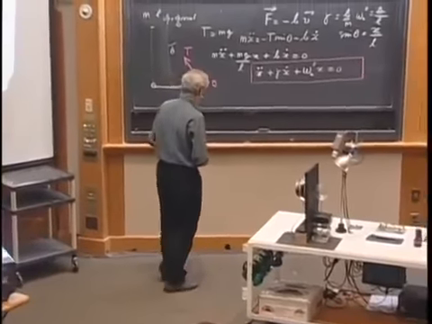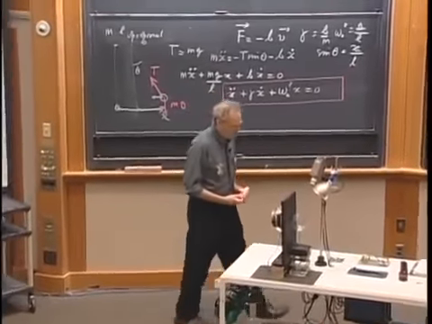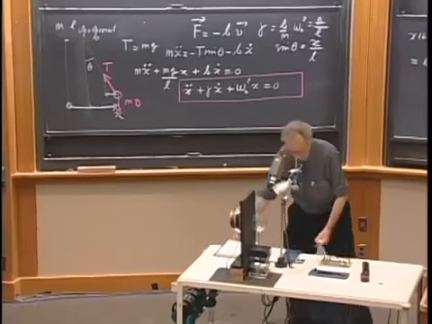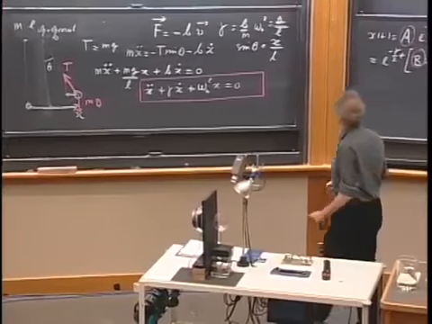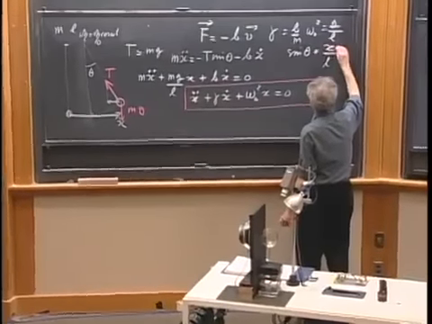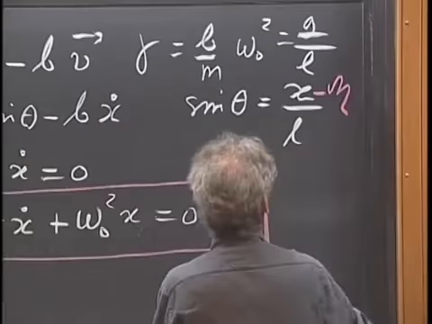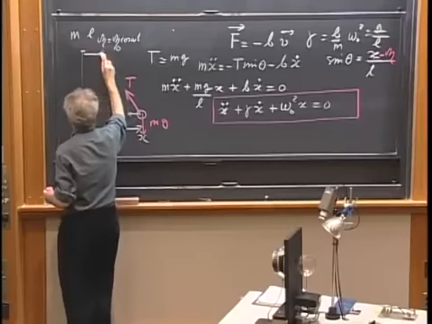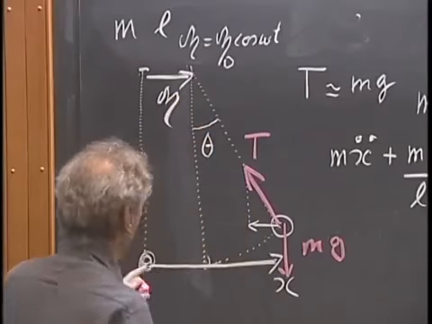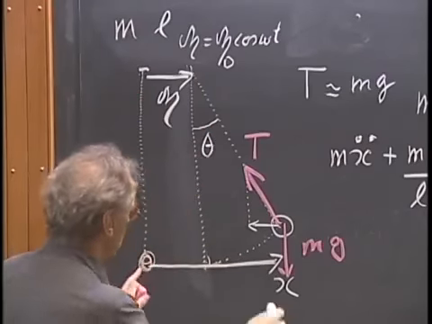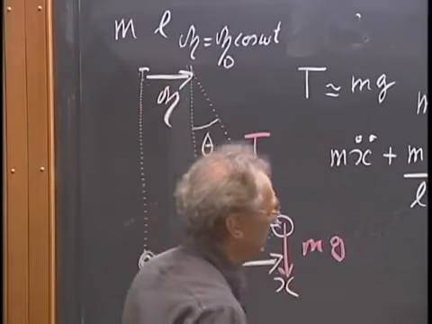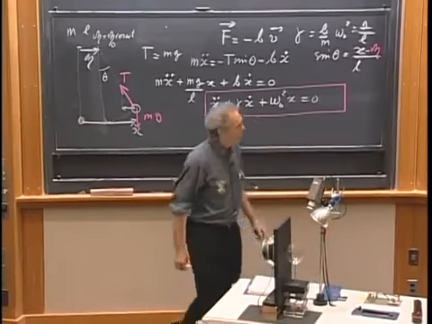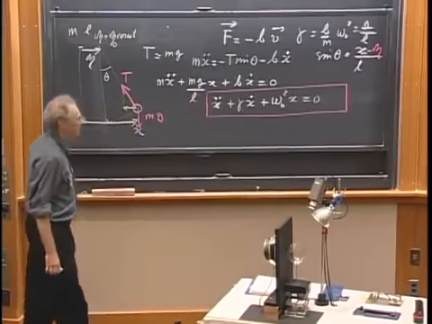And so the only thing that is going to change now is that the sine of theta is no longer x divided by L, but the sine of theta is x minus eta divided by L. Because notice, if this is eta, which is the position of my hand, then the sine of this angle is now x minus eta divided by L. And this now, you have to carry through in your differential equations.